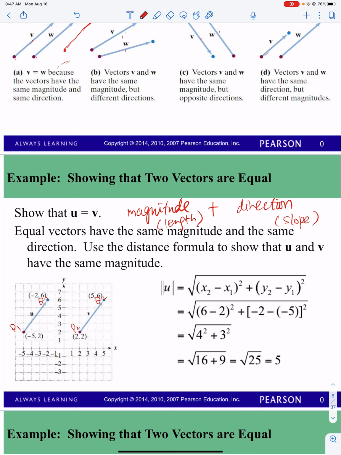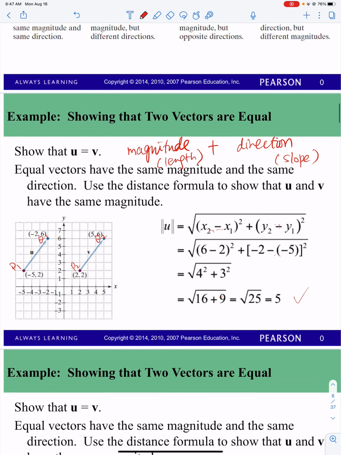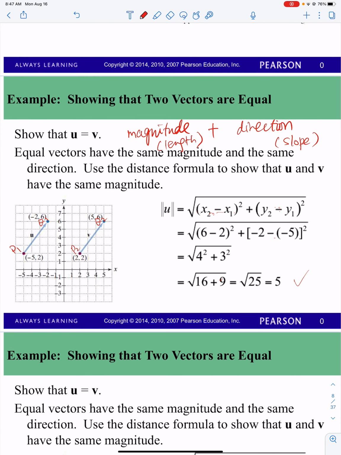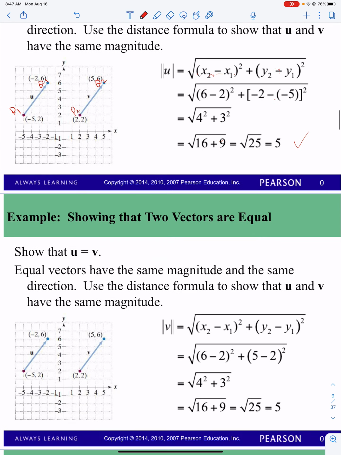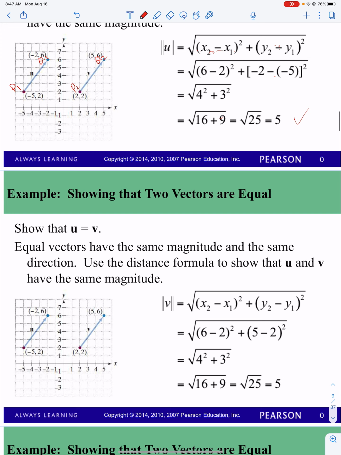What will be the length here? The square root of (x2 minus x1) squared plus (y2 minus y1) squared. That is the distance between two points, so we all know that. Then you calculate the distance for the other two points.